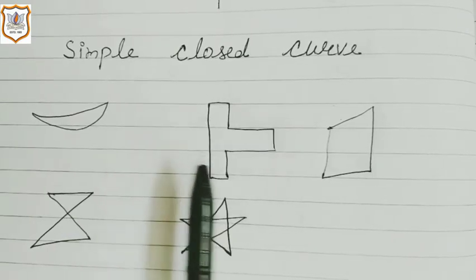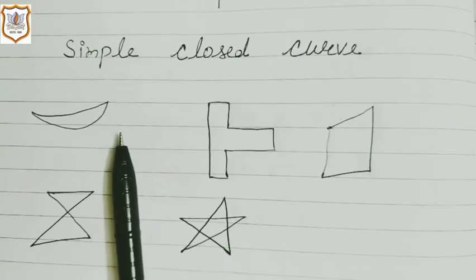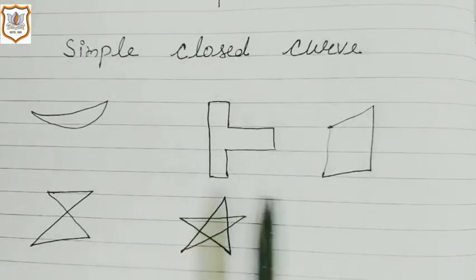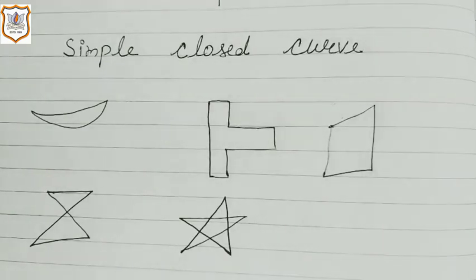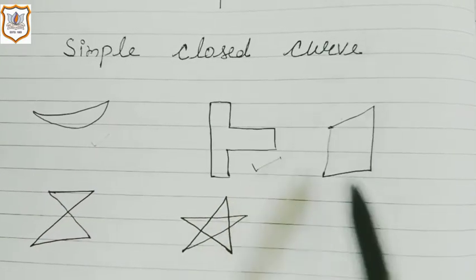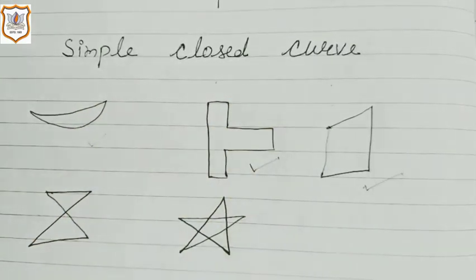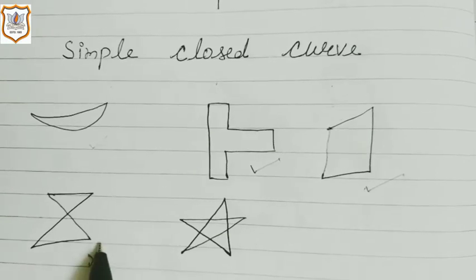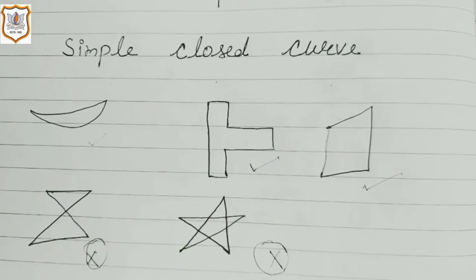But in this figure, this figure and this figure, the lines do not intersect each other. So we can say that a closed curve which does not intersect itself is called a simple closed curve. So this figure and this figure are simple closed curves, but this is not a simple closed curve and this is not a simple closed curve.